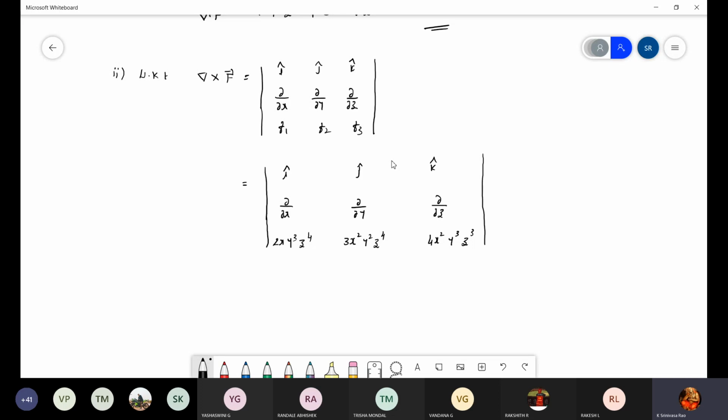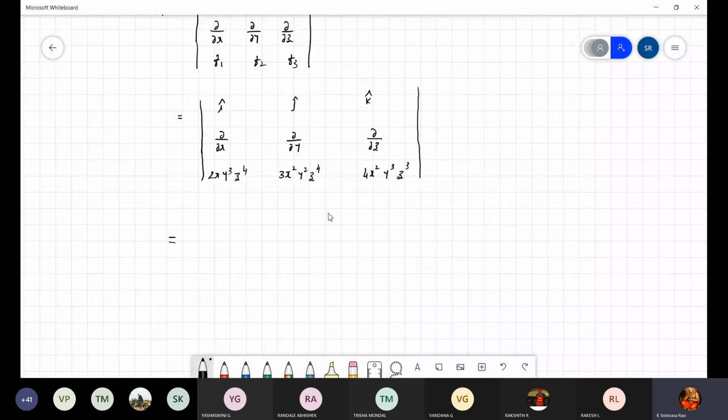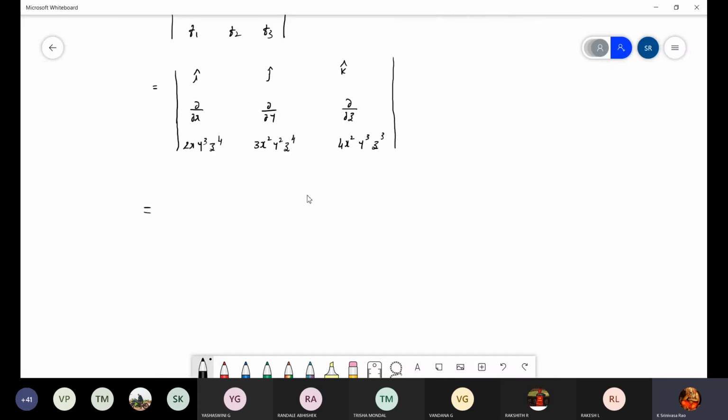And now you draw the second line like this. So one more step we will take. This is a 3 cross 3 determinant. A 3 cross 3 determinant is nothing but this always plus, this is minus, and this is plus. So i cap into the first one. The particular row is the first row. The particular column you neglect, and you will get these 4 terms as a 2 cross 2 determinant.